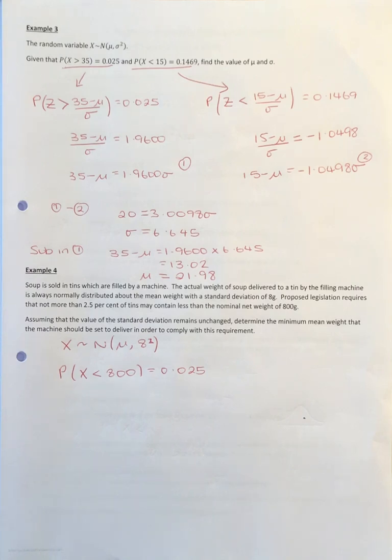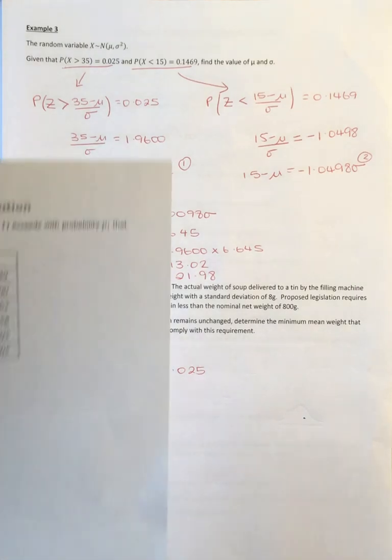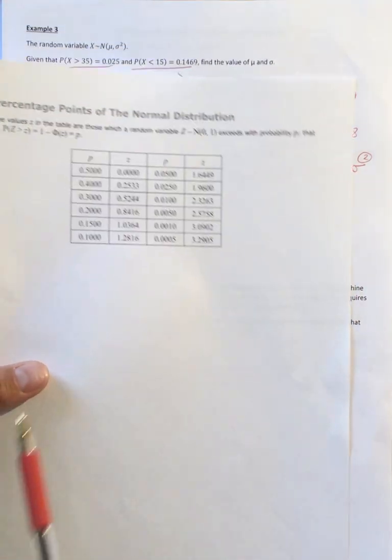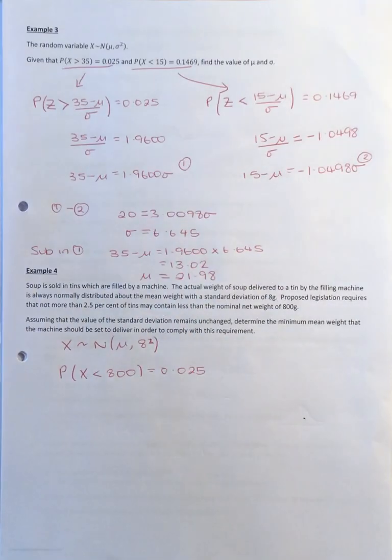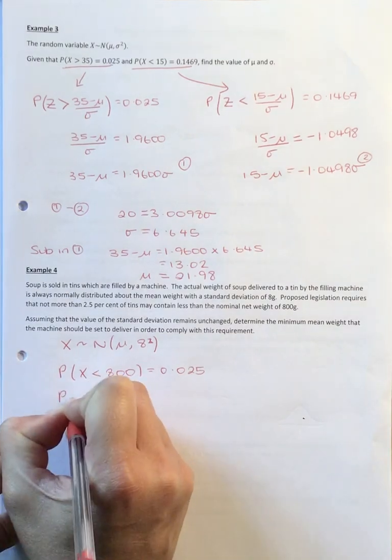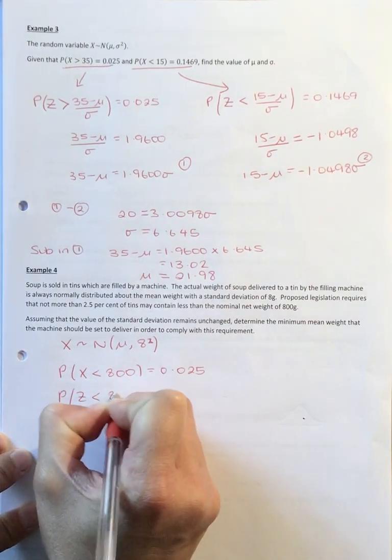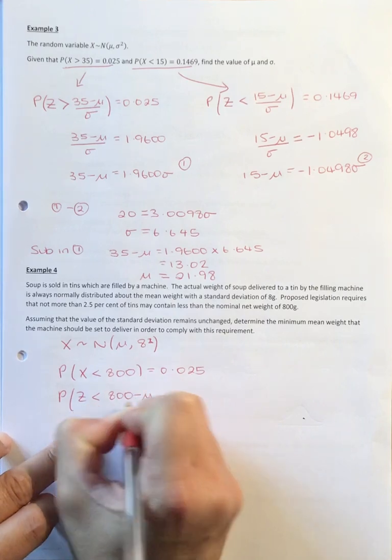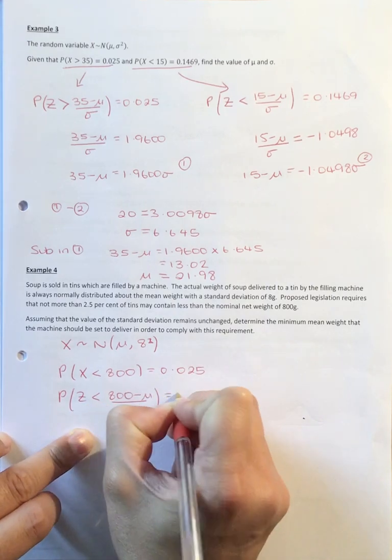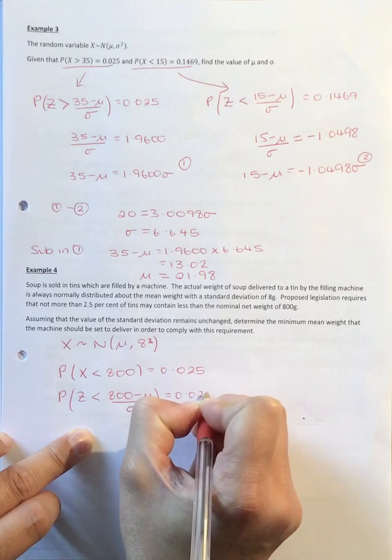Now, we can use our percentage points table, but remember our percentage points table is for where Z is greater than a value, so we're going to need to consider that. Let's standardise it first. So we're looking for a value where Z is less than 800 minus mu over sigma, has a probability of 0.025.